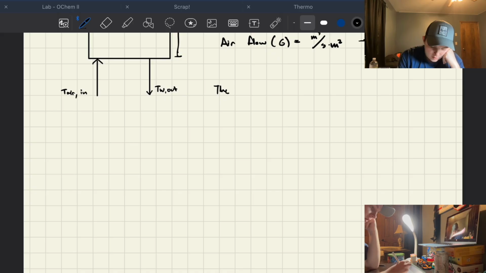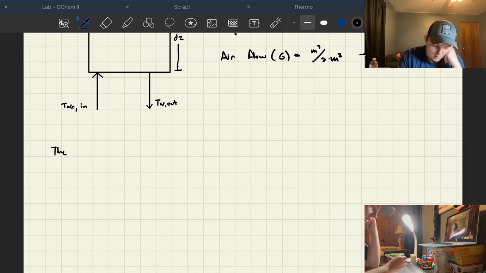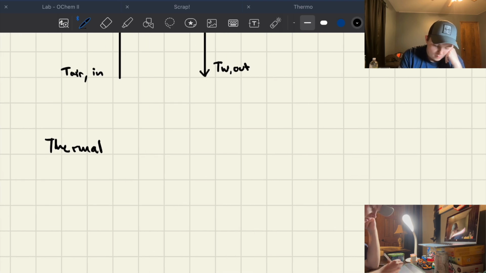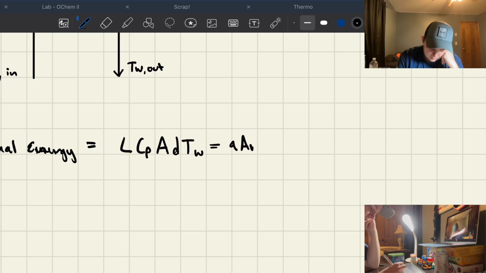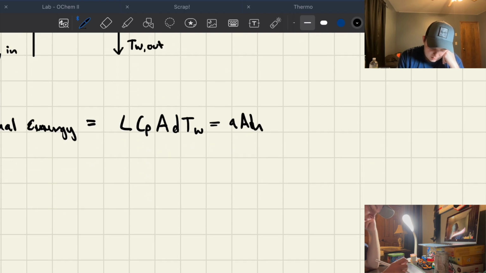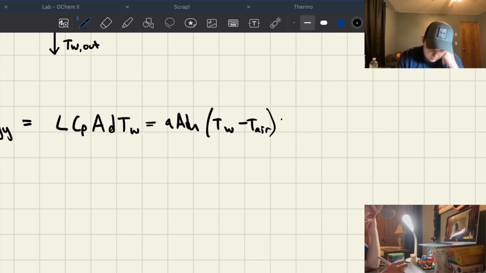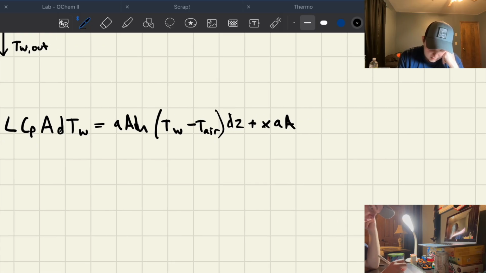So our thermal energy is going to be defined as L times our CP value times our area, and then we're going to have that equal to times our a times our area height, and then our delta T dz, and then we're going to have that plus x, similar to what we did at the first part.